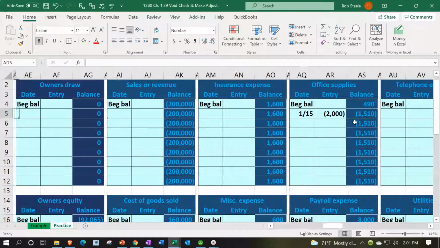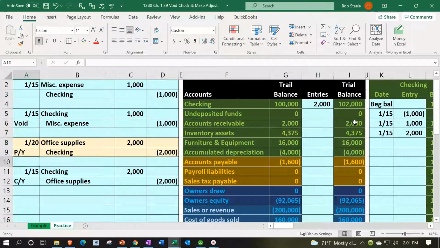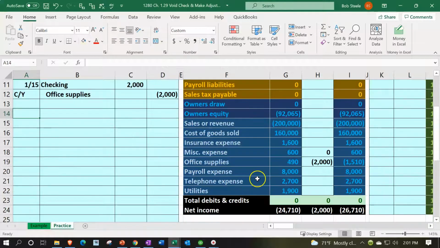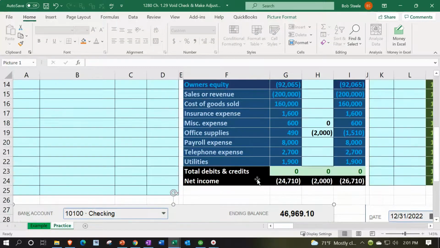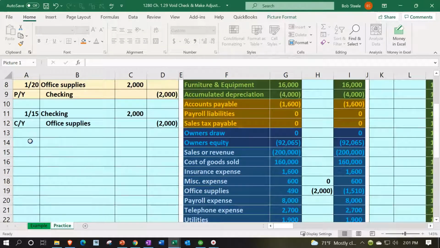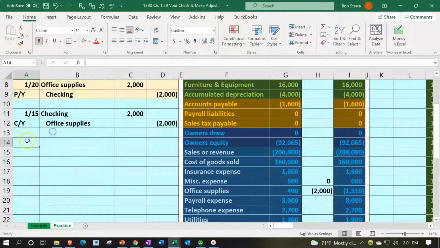Okay, let's do one more. Now we're going to do one more, and we're going to say, well, why does QuickBooks do this? Like if I did this in accounting software, why does it do this funny journal entry type of process? Let's see if we can simulate that and see what's going on there. So now let's say that this happened on 215 or 225 in the prior year. So this is a prior year check again.